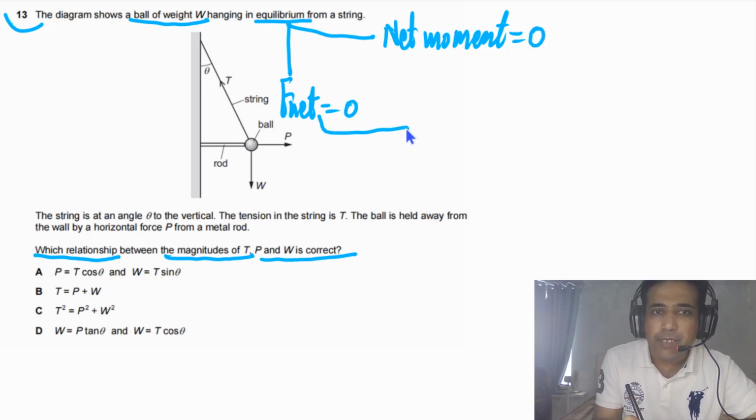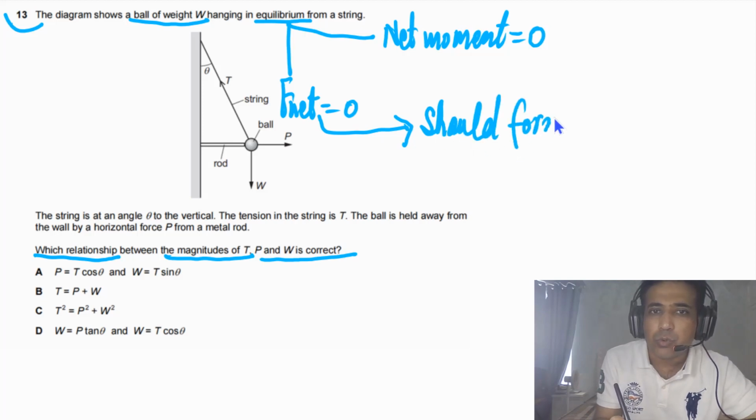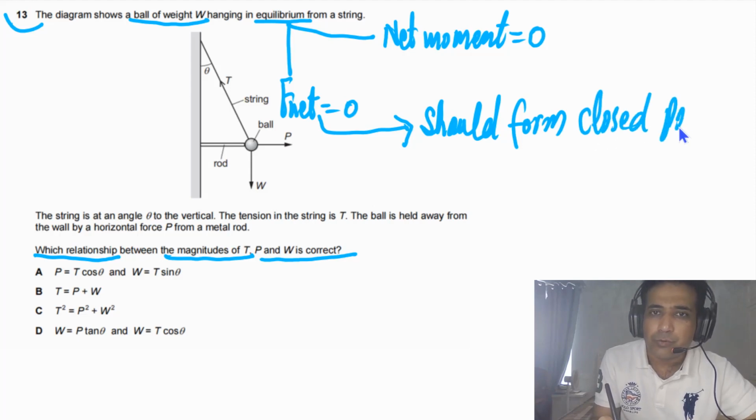When we say F net is equal to 0, it simply means that forces should form a closed polygon, so forces should form a closed polygon if net force is equal to 0.